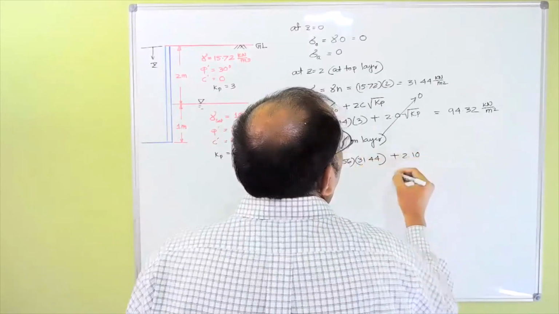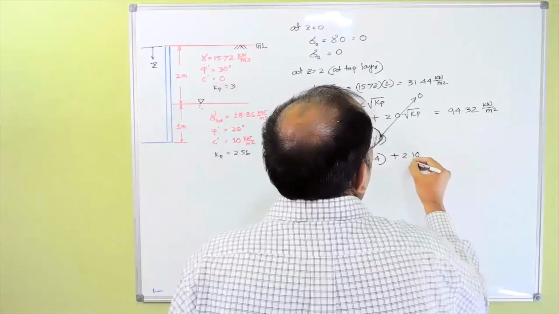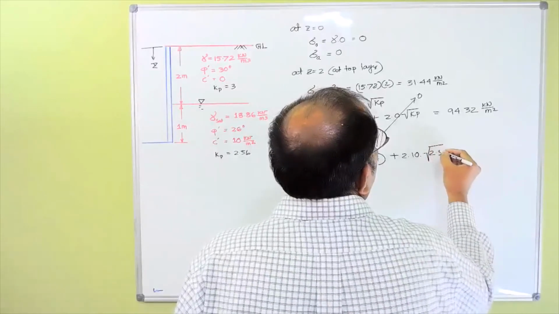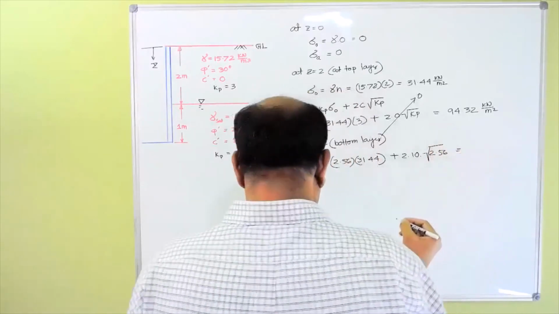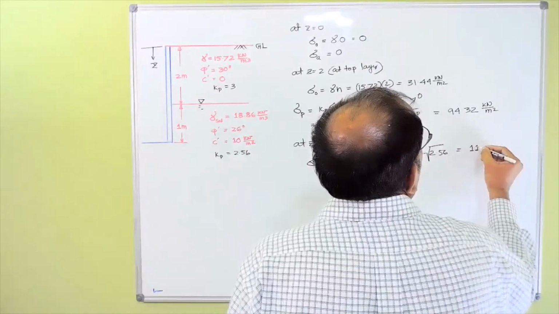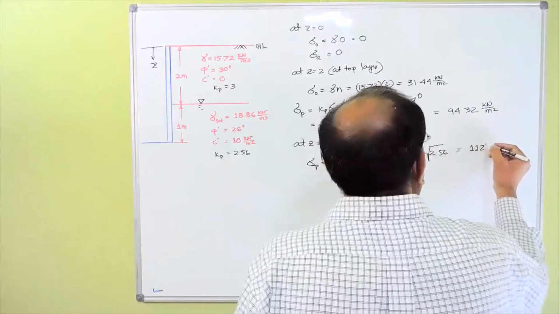Now I have this part here: C is 10, and this one is 2.56. So if I add that, that's actually 112.49.